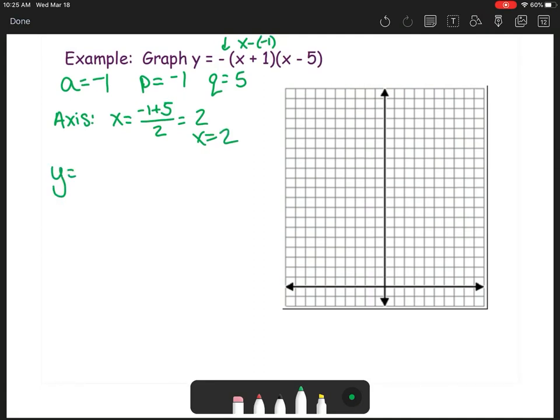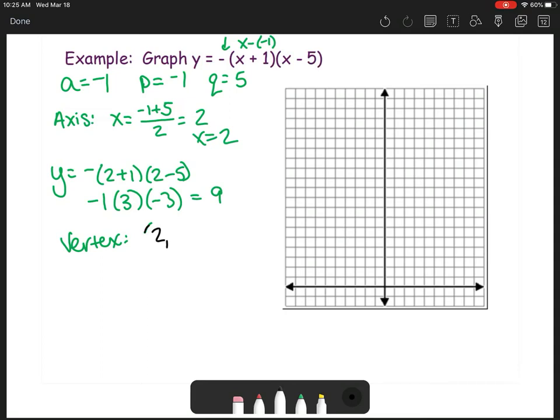To figure out what y is, we just plug in 2. So I'd have 2 plus 1, 2 minus 5, and we would get -1 times 3 times -3, so we'd get a +9. That helps me find that vertex point. That is a super important one to plot.